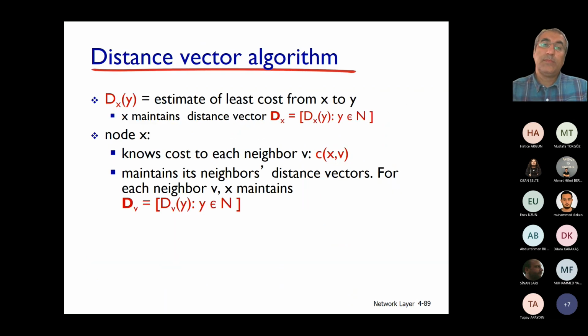So some notes about the distance vector algorithm. Dx(y) shows the estimate of the least cost from node x to node y. And x maintains the distance vector Dx = [Dx(y) : y in N]. In this case, node x, the source in our case, knows the cost to each neighbor v, which is c(x,v).